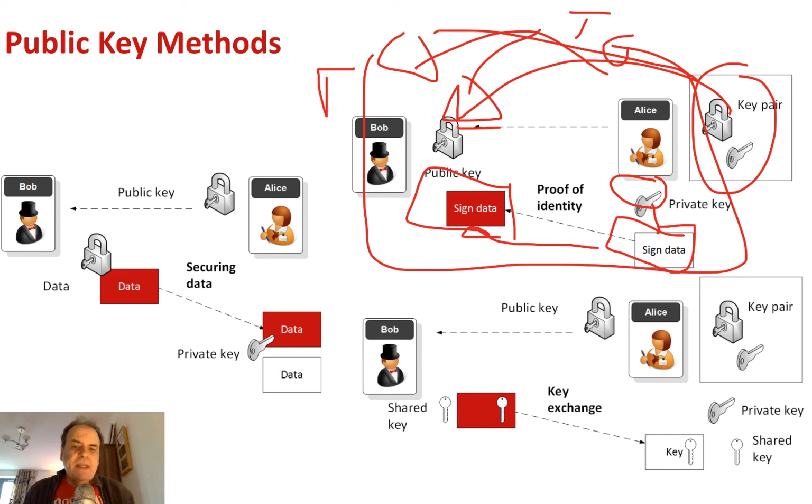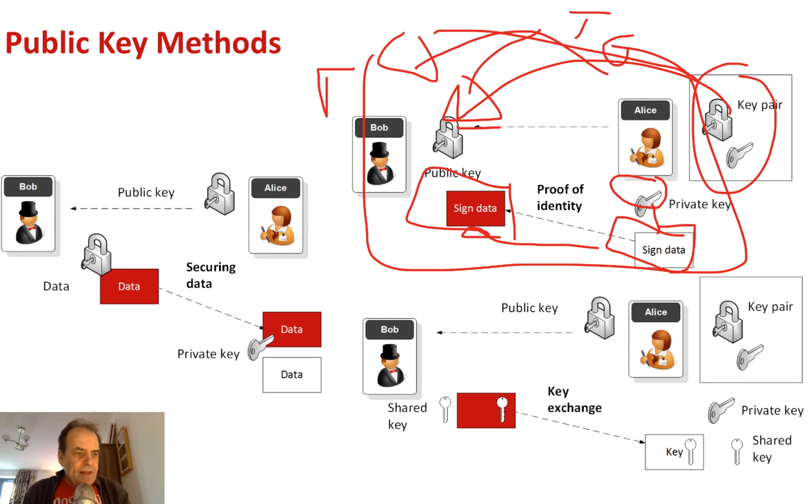We can also use it within key exchange. So if we need to negotiate a key, a shared secret key, and we're going to use something like AES. A good example is SSL with HTTPS, where we're going to negotiate a key for the exchange.